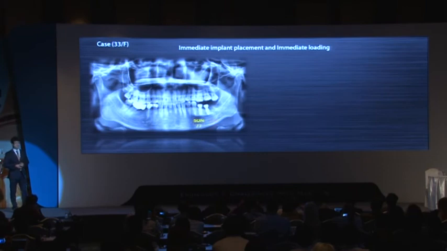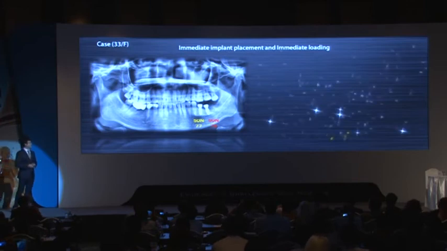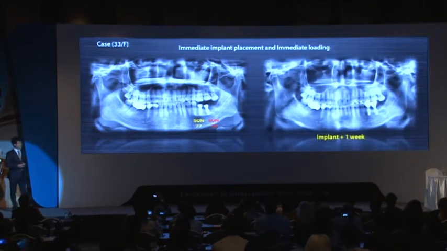Both implants showed good initial stability. Insertion torque was 15 Newton centimeters, and ISQ value was over 75. That means I'm ready for immediate loading. So the final prosthesis was delivered 1 week postoperatively, and ISQ values were measured in the same way.